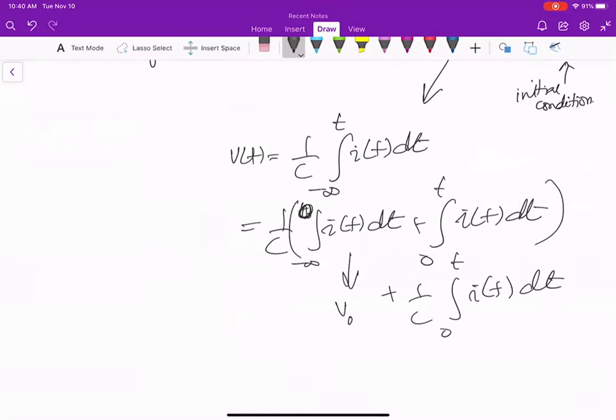Okay, so that's the important relationship which we need to understand with the voltage and capacitors.